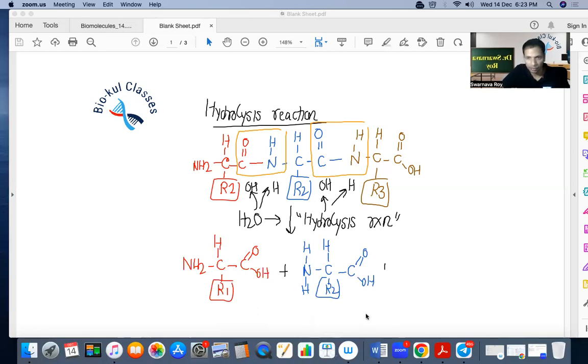And we have the third amino acid coming up, where we have NH2, C, R3. All right, so this is a hydrolysis reaction in which a protein is broken down.